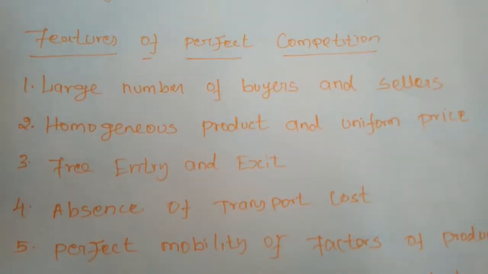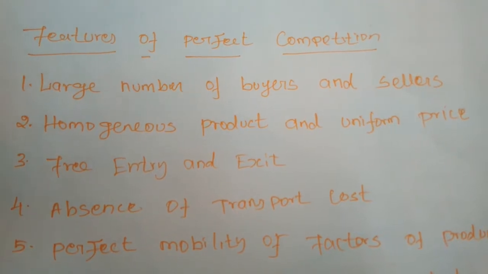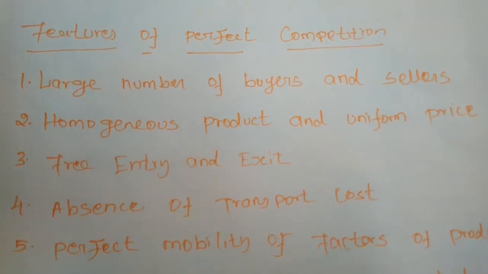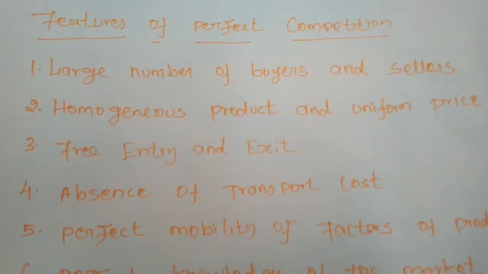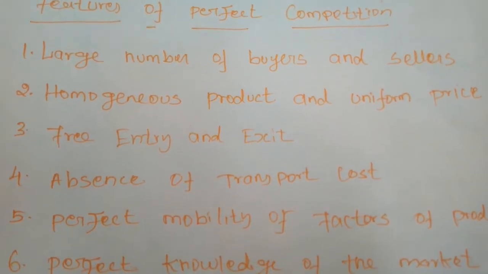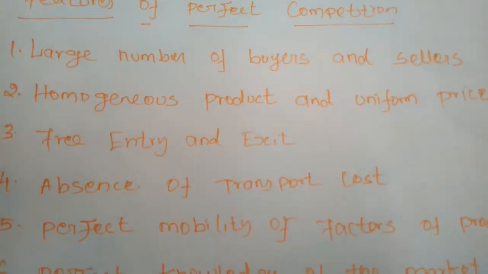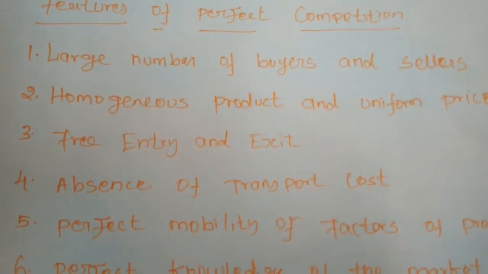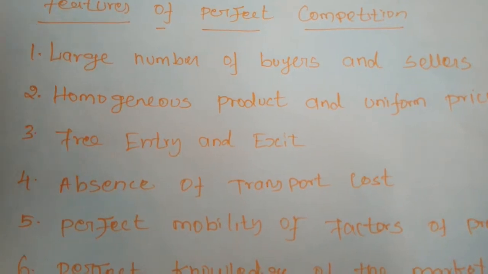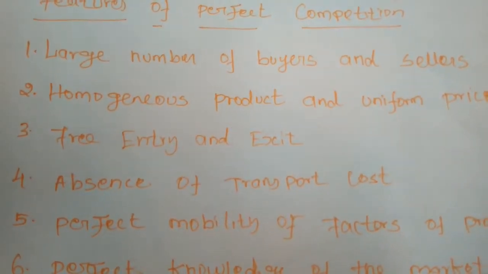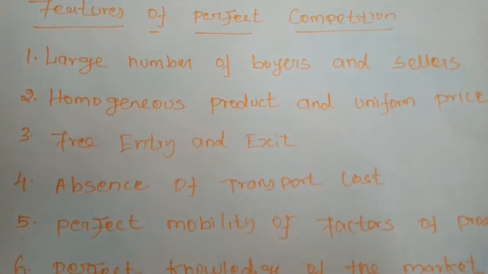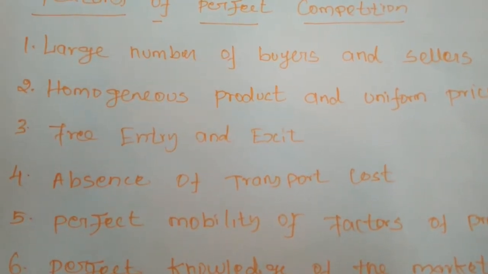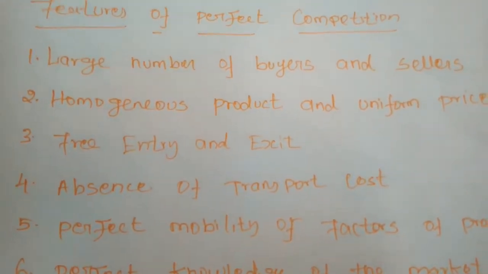A large number of buyers implies that each individual buyer buys a very small quantum of the product as compared to that found in the market. Like that, a large number of sellers also implies that the share of each individual seller is a very small quantum of the product. Compared to the total amount of product in the market, every seller will have only a small amount of the commodity.